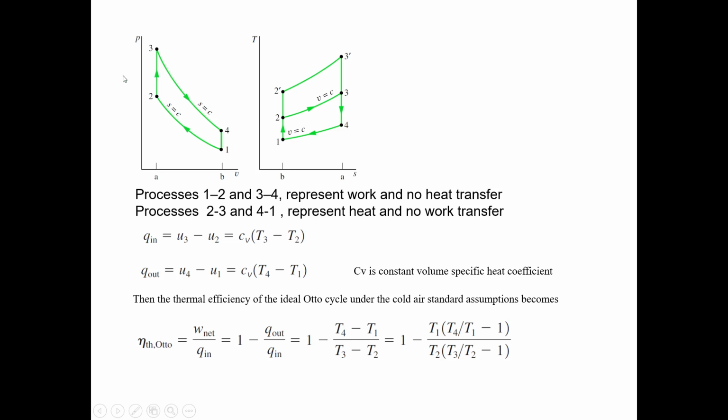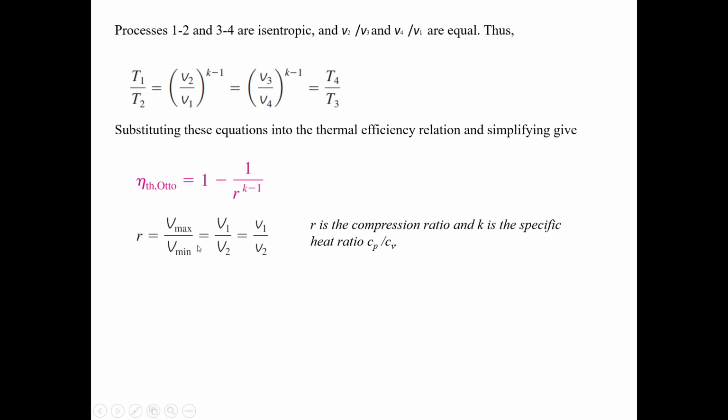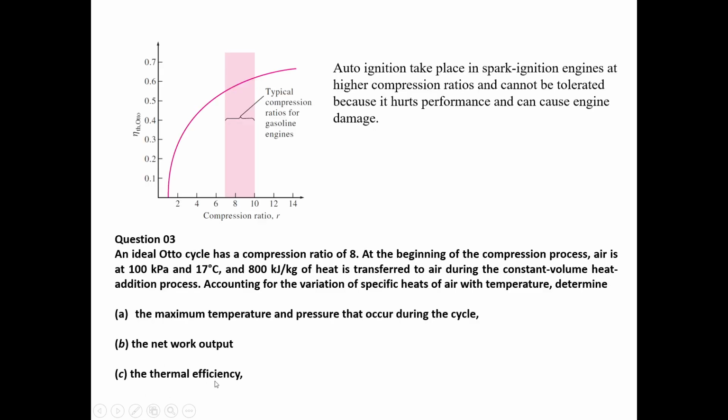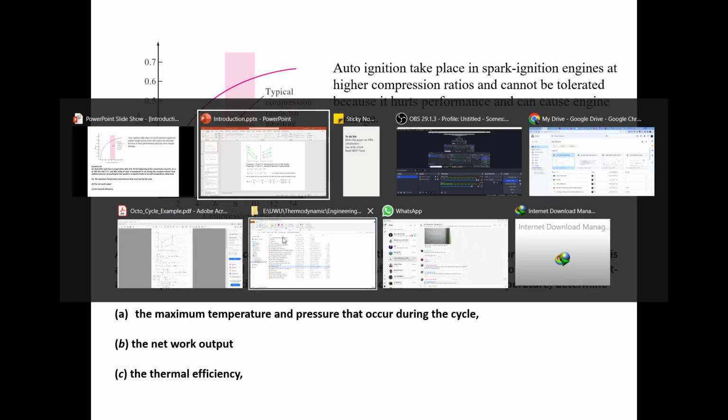And here we have the heat addition, and here the heat rejection, right? 2 to 3 heat addition, 4 to 1 heat rejection. If we get that heat addition and heat rejection and also the net work, we can find the eta value as well, the thermal efficiency, right? So that's the plan, and I have worked on this example, right?